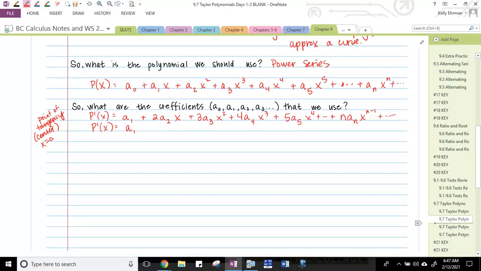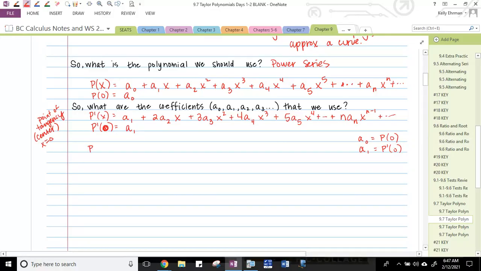And what about back here? At that point of tangency, what is p of 0? If you plug in 0 here, all of the x terms drop away and you have a sub 0. So far we have a sub 0, that constant term, would be whatever p of 0 is. And a sub 1 would be whatever p prime of 0 is.